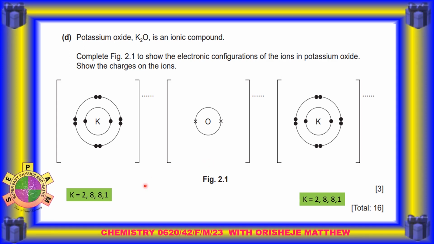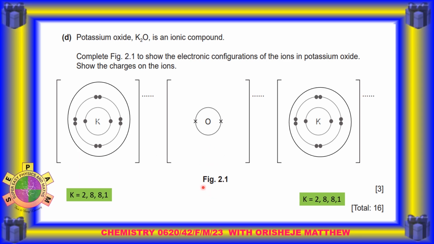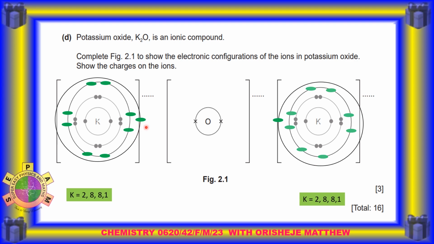So it has 1 electron in the outermost shell. So you have 1, 2, then the third shell we have 8, and then the fourth shell has 1. So that is for potassium. This is the neutral atom that has not undergone bonding.